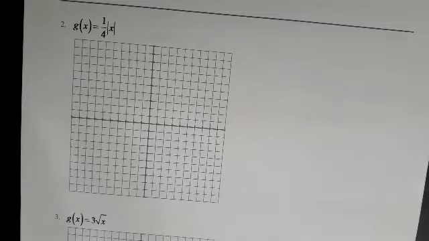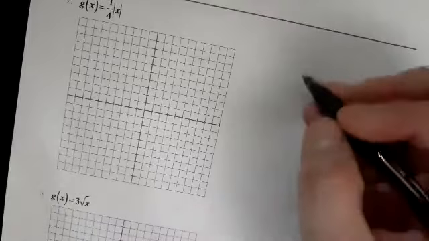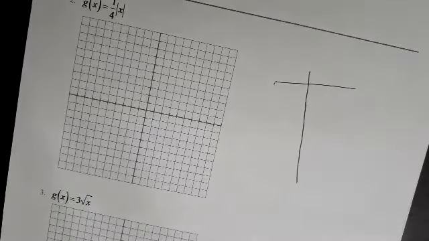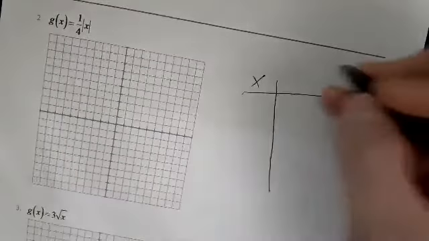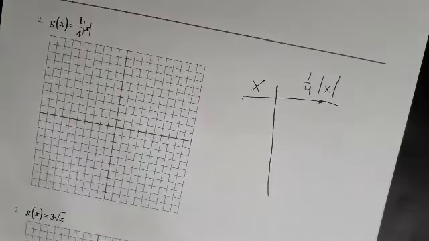There's a few ways to do this. I know I have to quarter things. So if you wanted to do a t-chart, that might be a good way to get at this. That is one way.